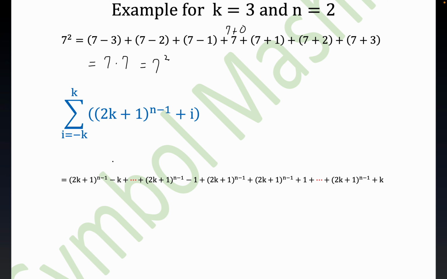I could have written a little bit more, but you can see the way it's written. Everything cancels. Like this minus k is going to cancel with a plus k over here. This -1 will cancel with the +1 here. And notice right here again, we have 2k plus 1 quantity elevated to the n minus 1 power, and then plus 0.